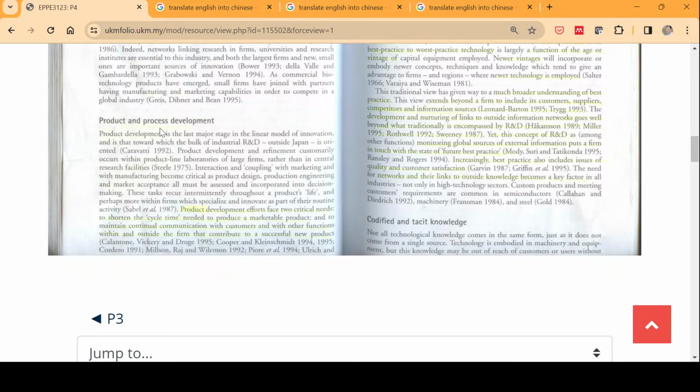Okay, I did not include in my writing there the part before the production.